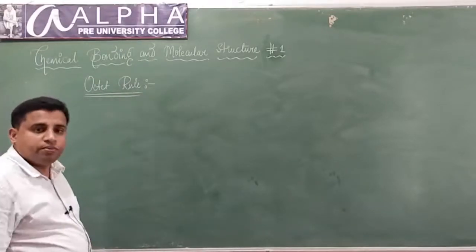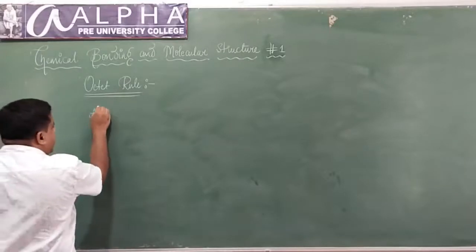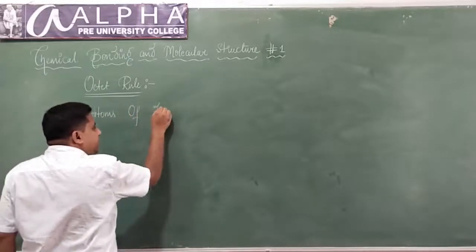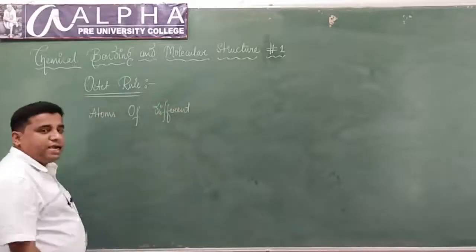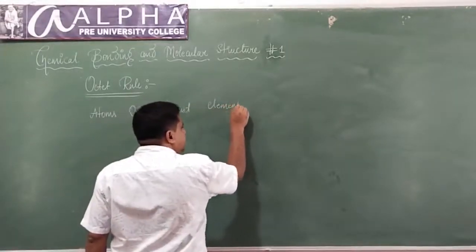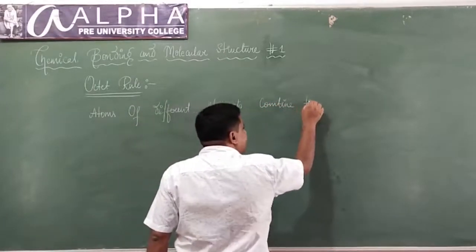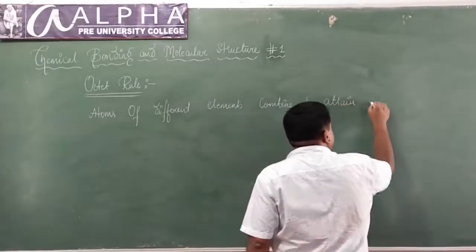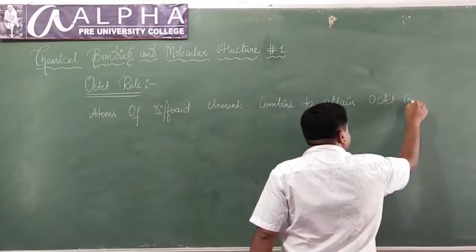What is Octet Rule? The Octet Rule says the atoms of different elements combine to form molecules to attain what? Octet configuration.